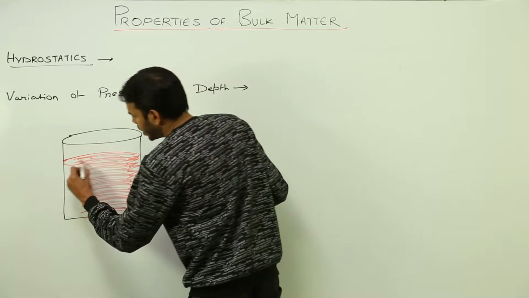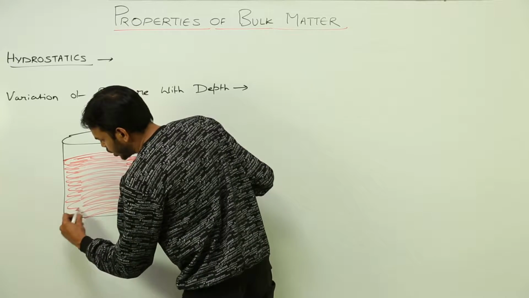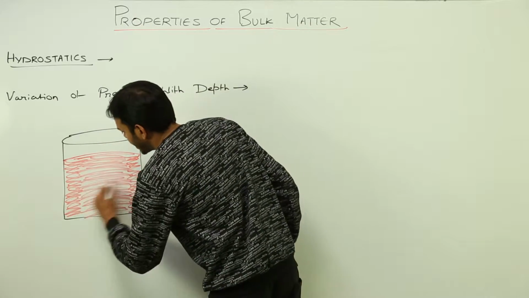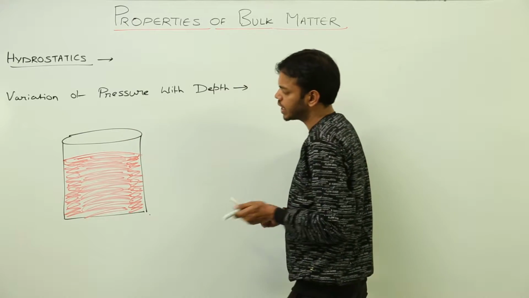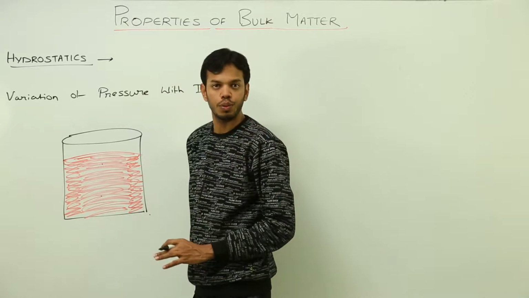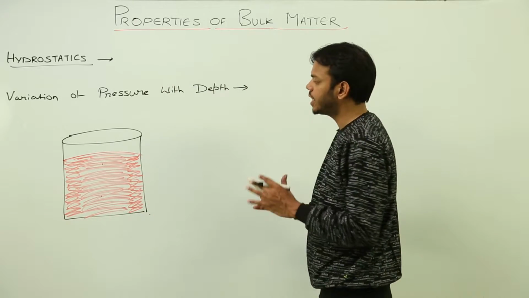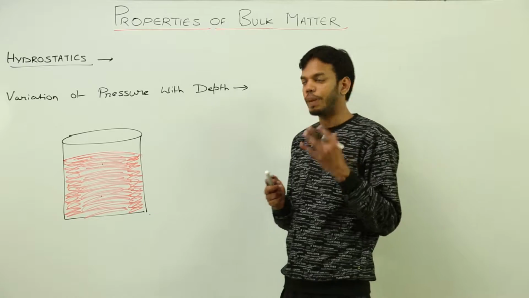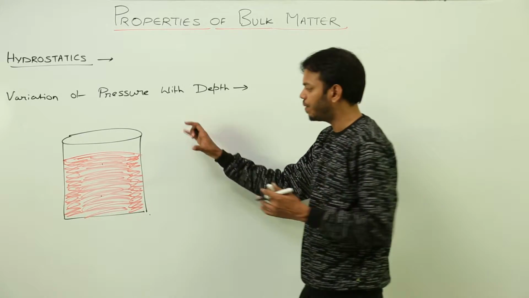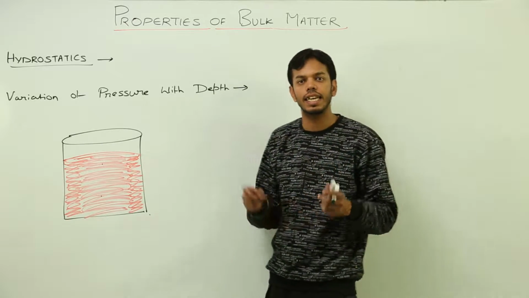First of all, let me draw the liquid completely. Now we are considering two imaginary points inside the liquid, let them be P and Q, and between these two points we are imagining a cylindrical liquid column.